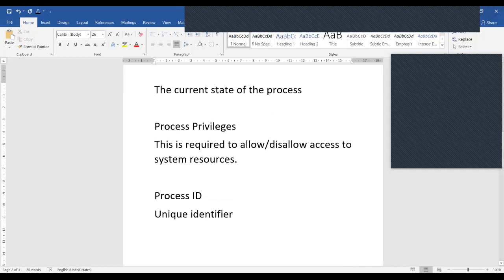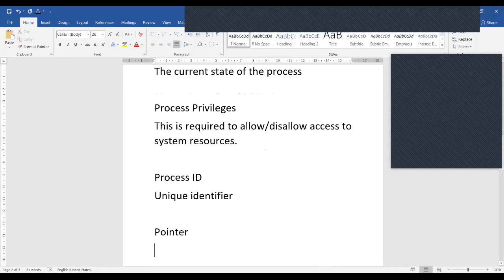Now let us learn about pointer. A pointer to a parent process. It shows whether the process which is currently executing is a child process or a parent process. When it is a parent process, then its pointer, which contains the detail of its parent, will remain null because it is the parent process and has no other parent.